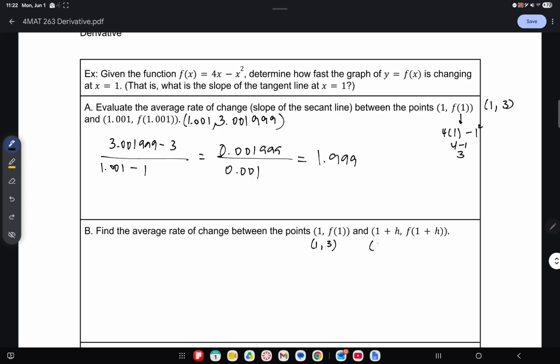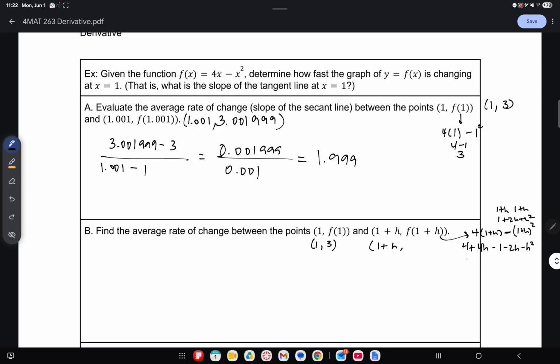All right, let's find the average rate of change between that first point, which was (1, 3), and then any other point with some h change. So let's see, that 1 plus h, if I substitute that in, is going to give me 4 times (1 plus h) minus (1 plus h) squared. So let's see, 4 plus 4h, and then (1 plus h) squared is going to give me 1 plus 2h plus h squared, but I'm subtracting that, so minus 1 minus 2h minus h squared.